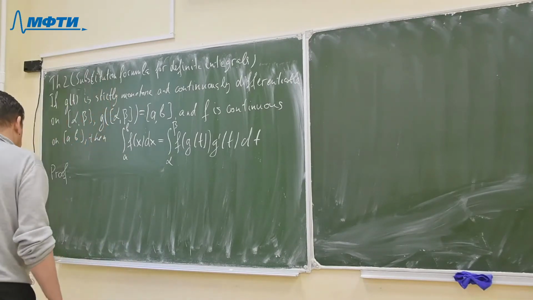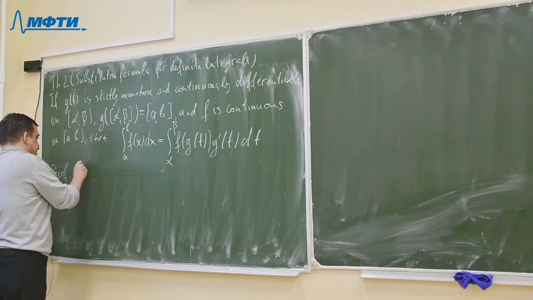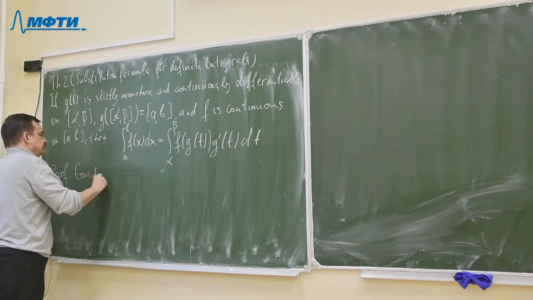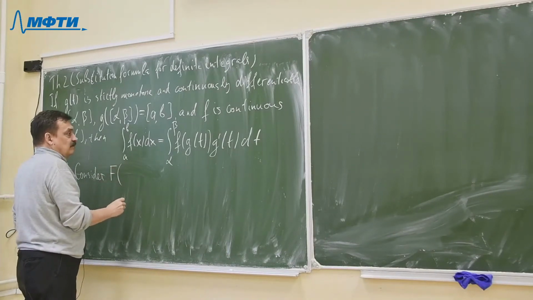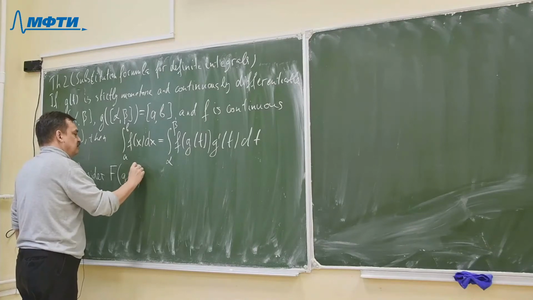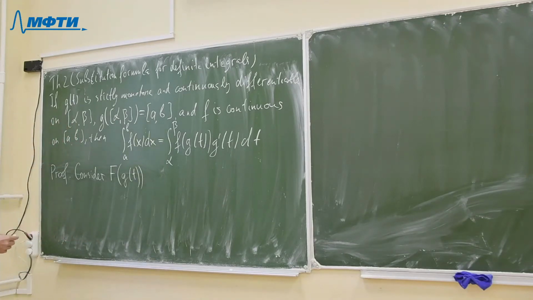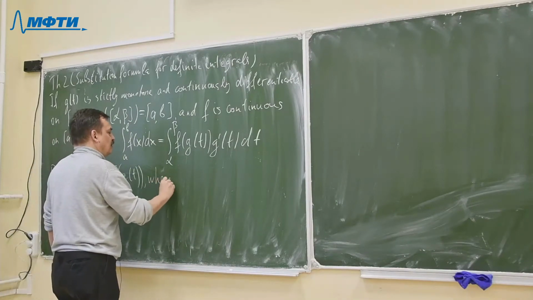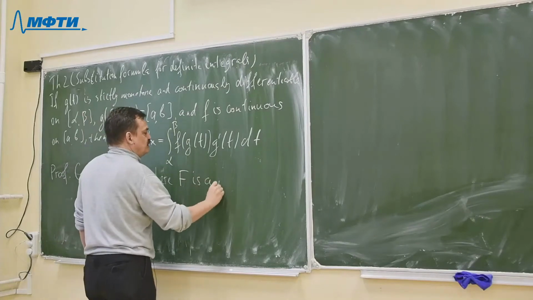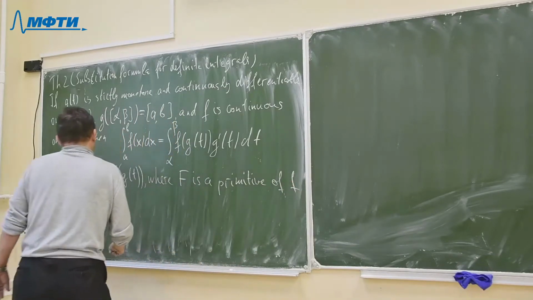Then what we should do, we should consider capital F of g of t, where capital F is a primitive of little f on [a, b].